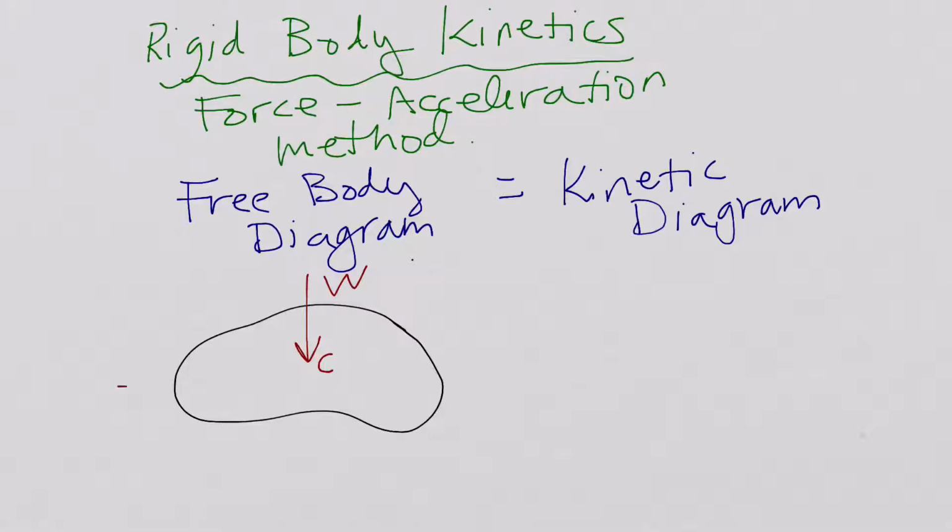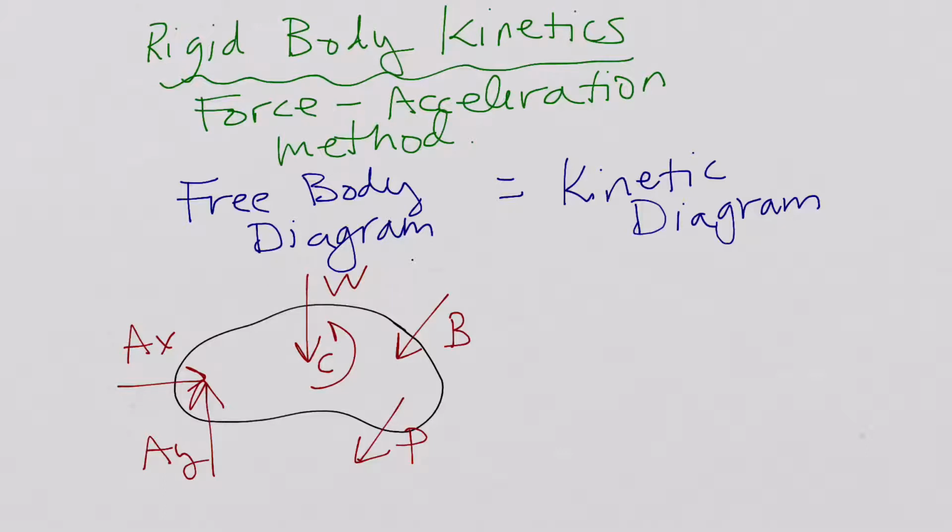We have some other forces: Ax, Ay, this force B, and this force P. Oh, and the C isn't the center of gravity. The C is actually a couple, so we have a couple acting on the body.